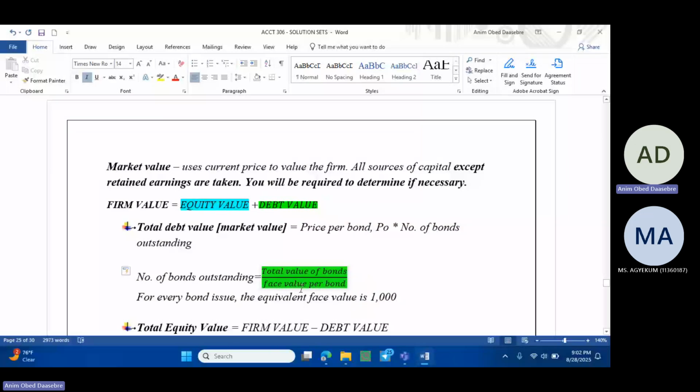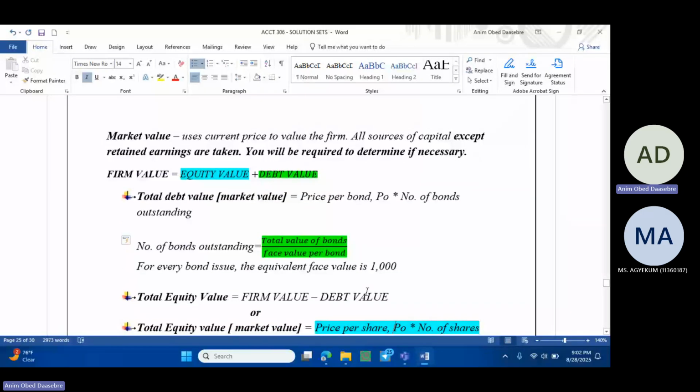So they give the total value of bonds, then you divide it by the face value, which is 1,000. Then you get the number of bonds that will be outstanding for the business.